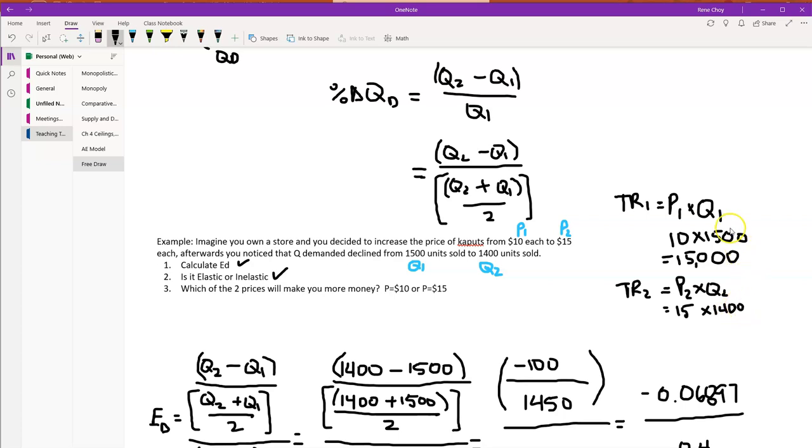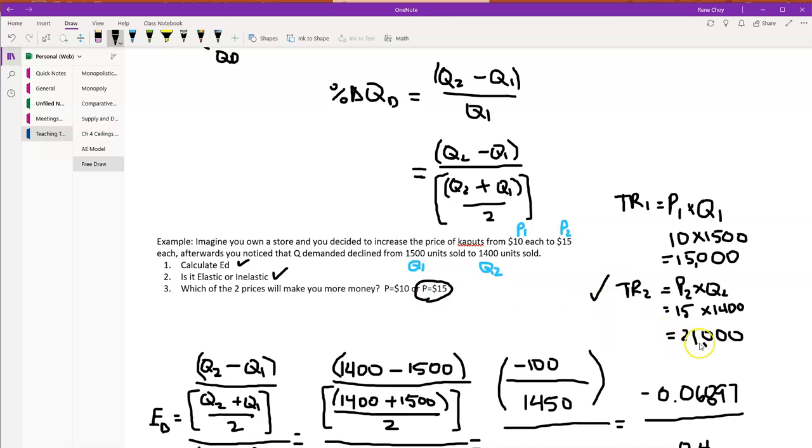And again, notice that it is a lower quantity, but let's see if I make more money. Voila! If I do 15 times 1,400, I end up with 21,000. So notice that my second price is better, and therefore that's the one I should be keeping.